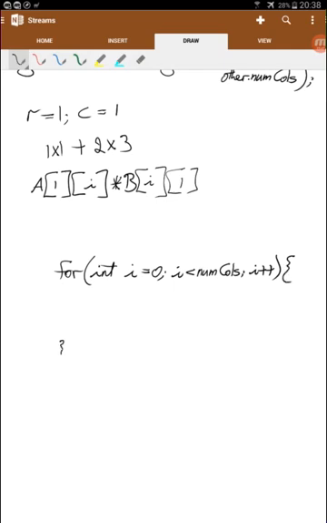And we can say that the output starts off at 0 and then we continuously add to it.